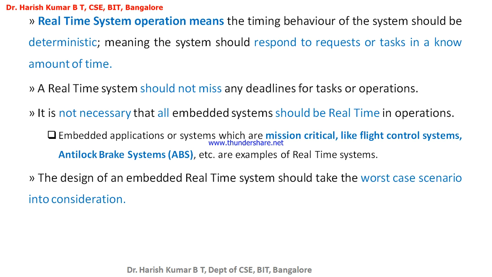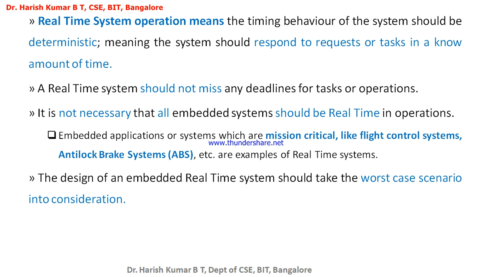Real-time system operation means the timing behavior of the system should be deterministic. That is what real-time system operation is. If you are able to determine that the system is going to complete the task in this time, then it is a real-time system. That is what deterministic is. The system should respond to the request of the task in a known amount of time.